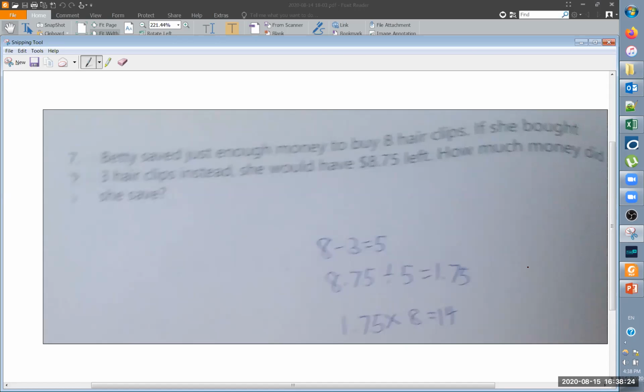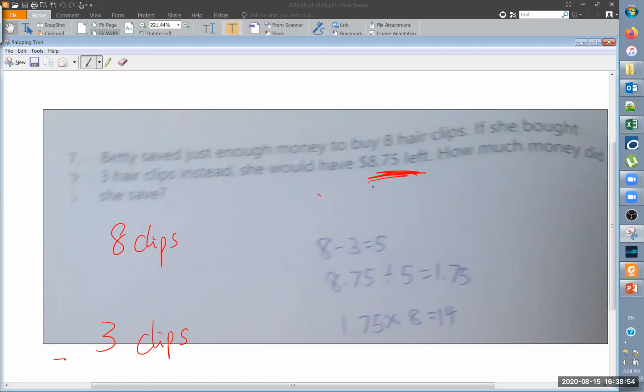So 8 clips. And she bought 3 only. And then she would have $8.75 left.